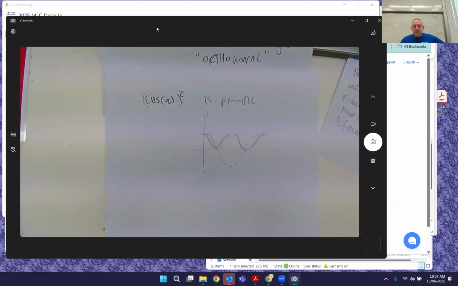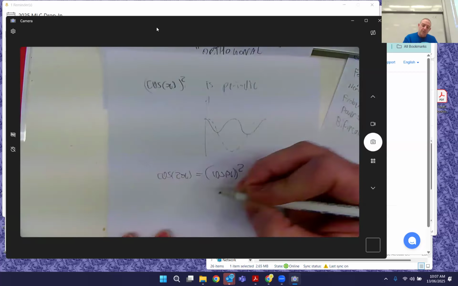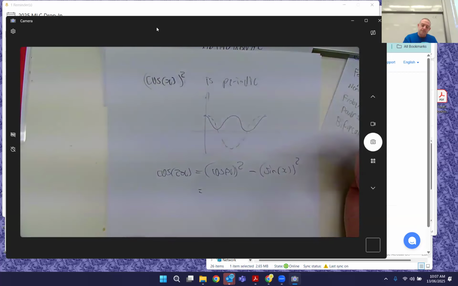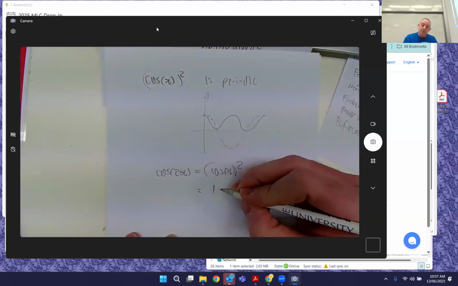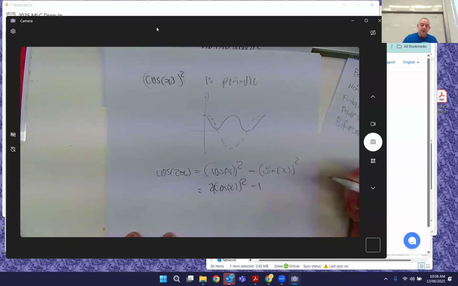The philosophy of Fourier series is that all periodic functions should be able to be written in terms of sine and cos, but just with different coefficients next to the x. And I can do this with trig identities. So I know that cos of 2x is cos x squared minus sine x squared, which is two lots of cos x squared minus 1.